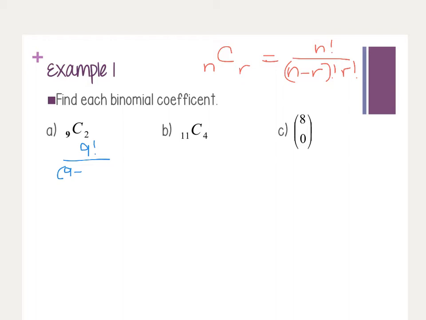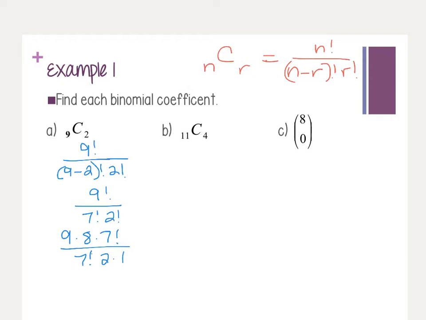Oh, sorry, I did it in my head. This is 2. So this would be 9 factorial over 7 factorial, 2 factorial. And then break it down. So 9 times 8 times 7 factorial over 7 factorial, 2 times 1.